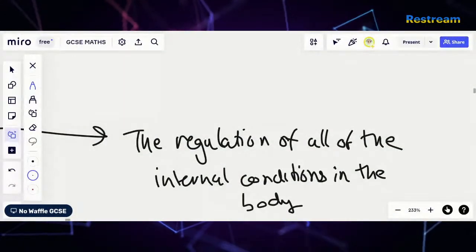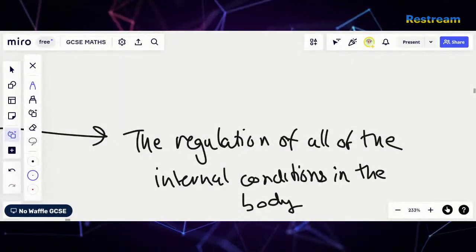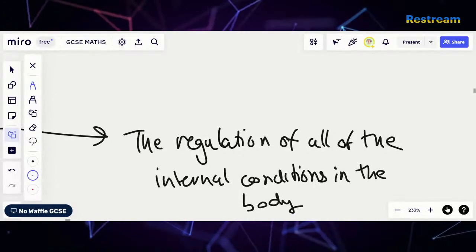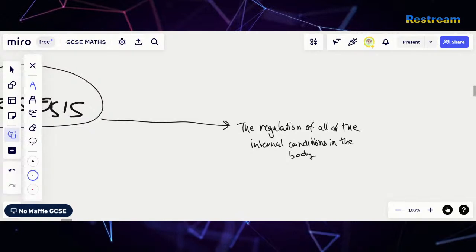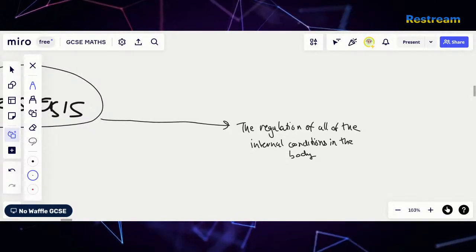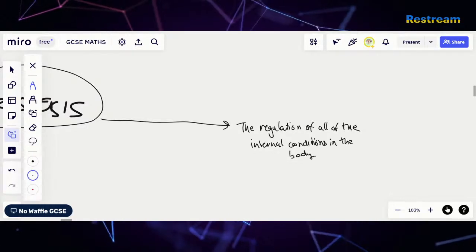Since we have time, I'm just going to go over a few parts of homeostasis. So, first of all, homeostasis is the regulation of all internal conditions in the body, for example blood glucose concentration and body temperature.